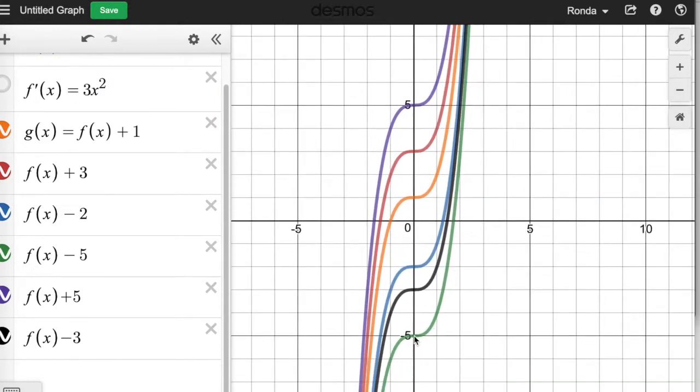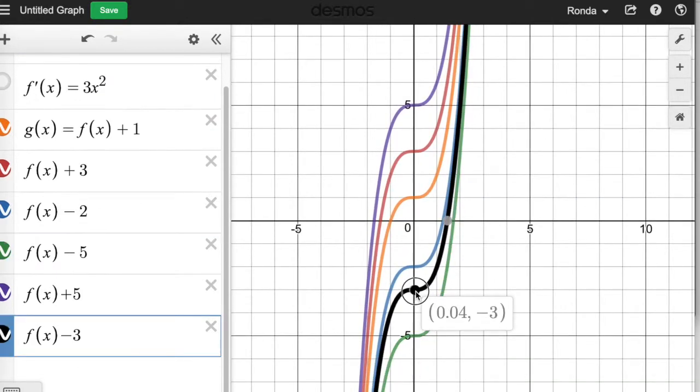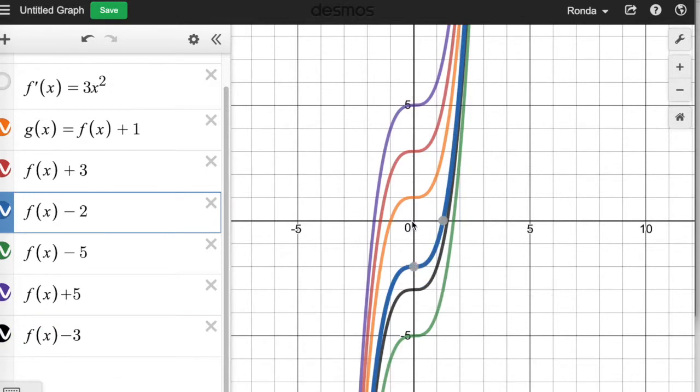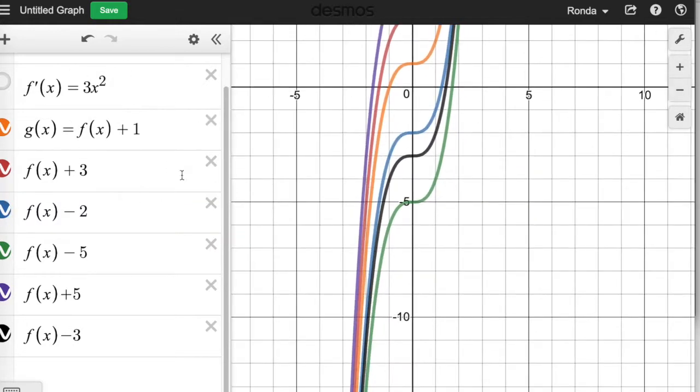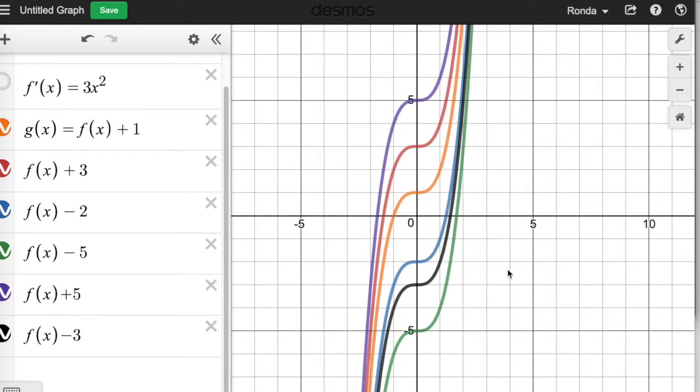I just did minus 5, minus 3, minus 2, and plus 1, plus 3, and plus 5. But I could go on and on, like minus 100. The plus c part here just means that it's going to give you a whole family of functions, okay?